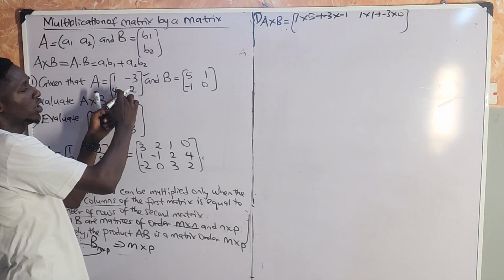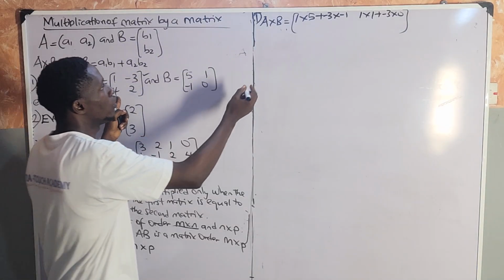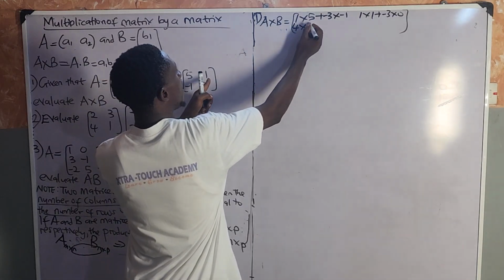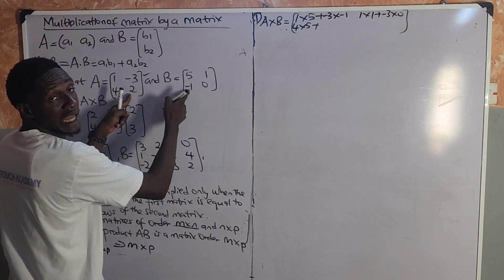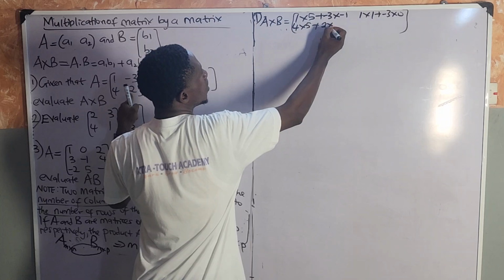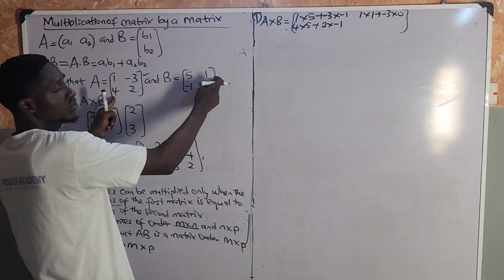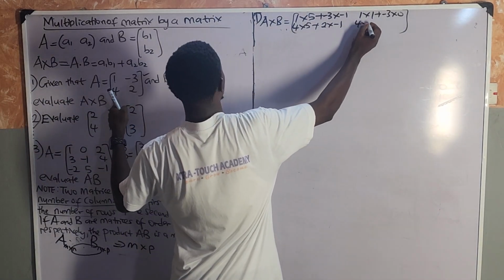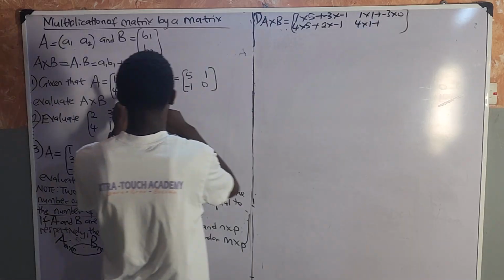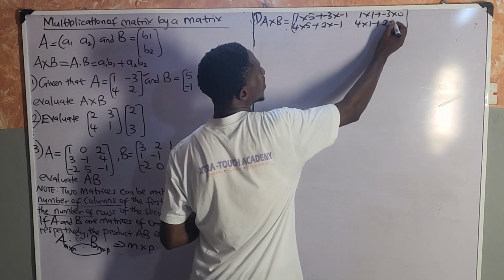Let's go to this 4 and repeat the same step. 4 times 5 plus 2 times minus 1. Then let's go again to this: 4 times 1 plus 2 times 0.